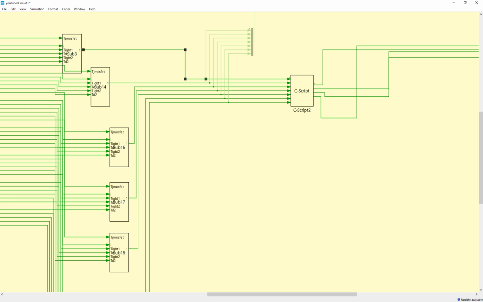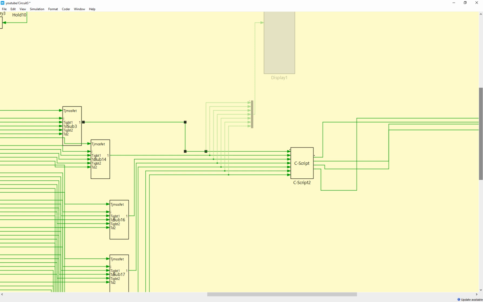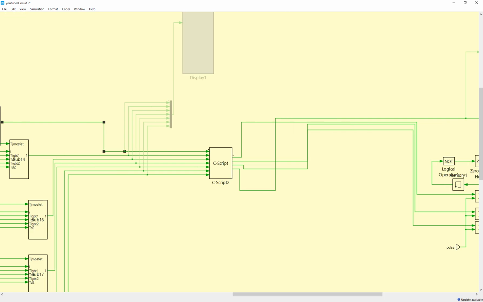They all go into this C script, because I realized that with a C script block, the simulation can run much, much faster. Instead of doing all of these things in blocks, doing the coding in C is much faster. This C script is very simple.